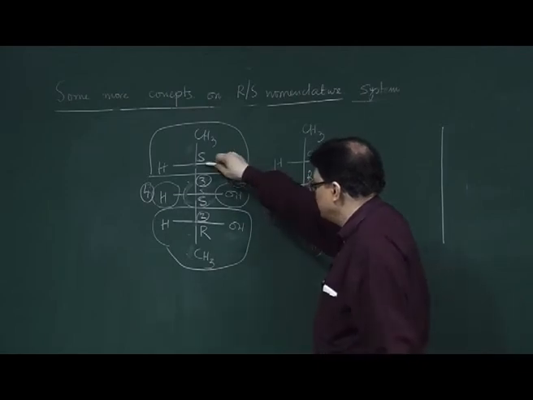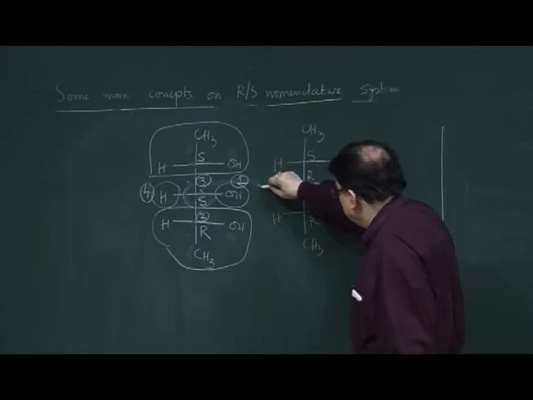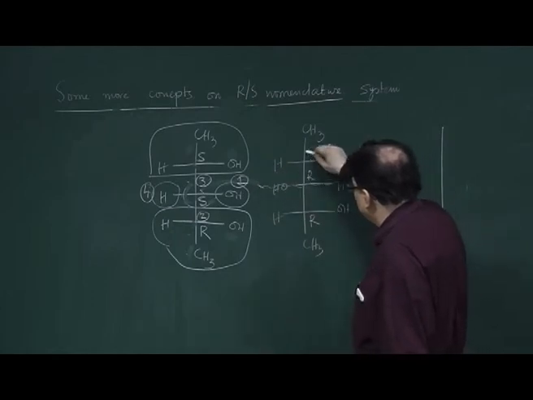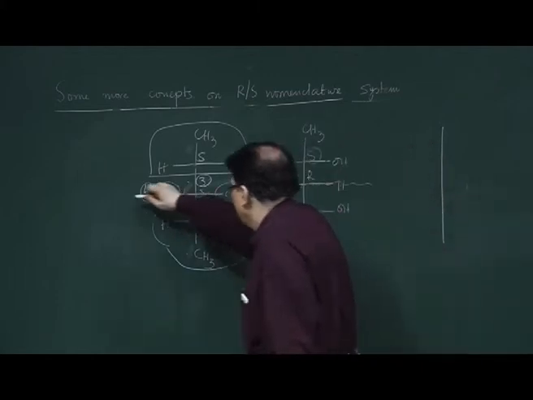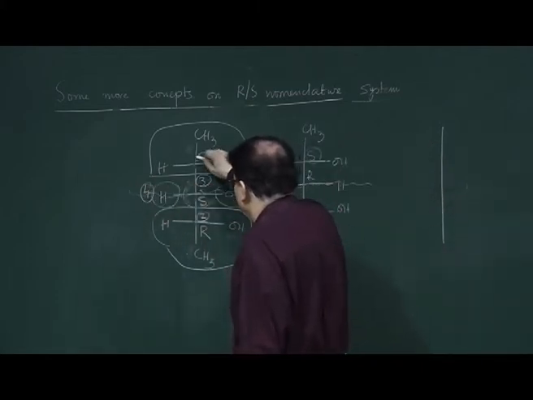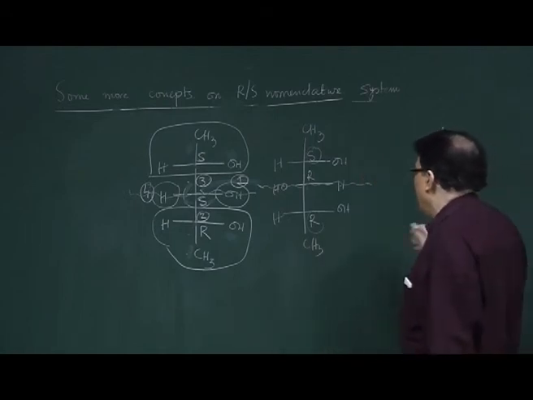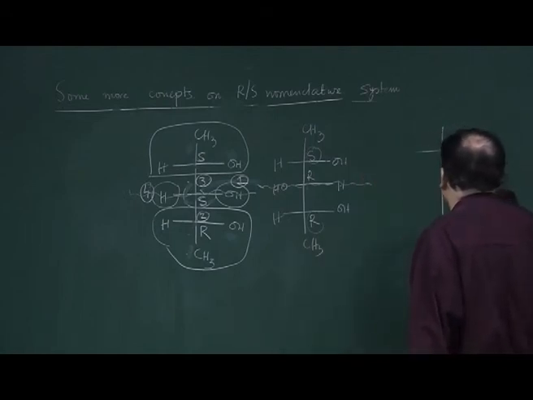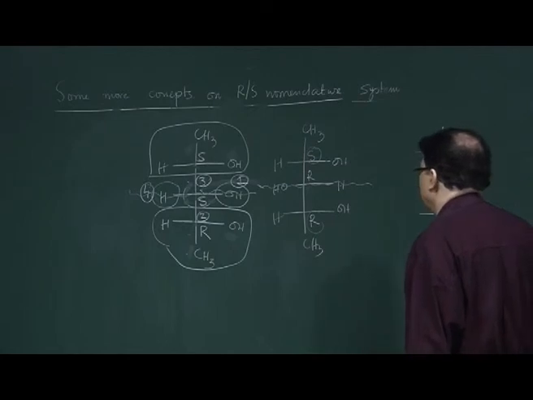So, this is SSR and this is SRR, and the plane of symmetry is still there, because we know that S is the mirror image of R. So, there is a plane of symmetry here, there is a plane of symmetry here, S is the mirror image of the R.